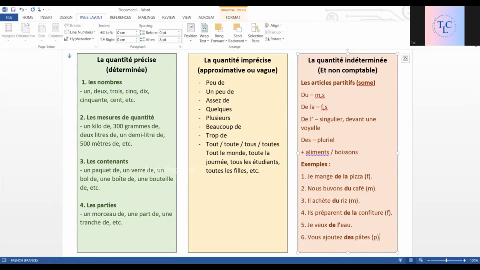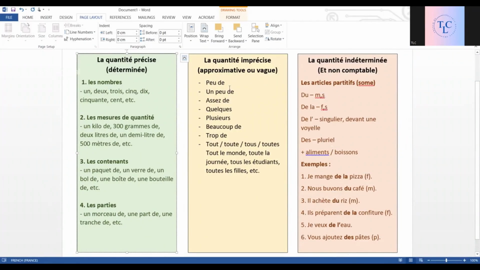And one thing to notice, whenever we know the quantity, whether it's quantité précise or imprécise, we use de and not du, de la, de l'. We cannot mix them. I cannot say un kilo du or un kilo de la. If it is a known quantity, then un kilo de, 300 grammes de, un paquet de, une boîte de.